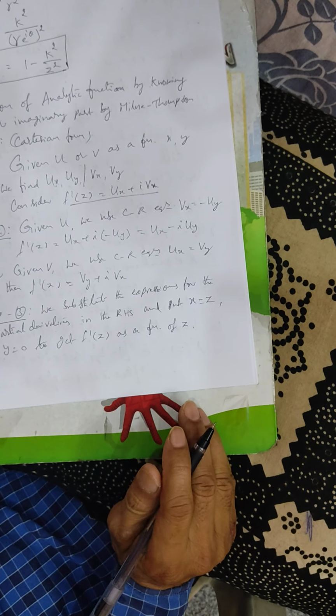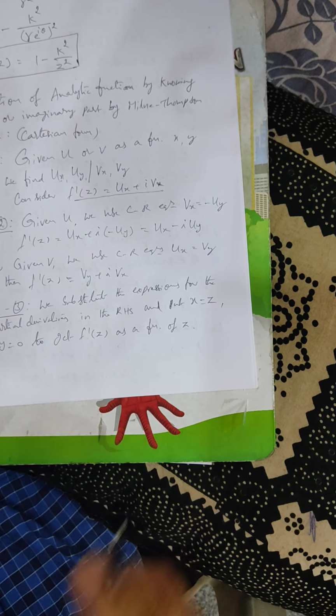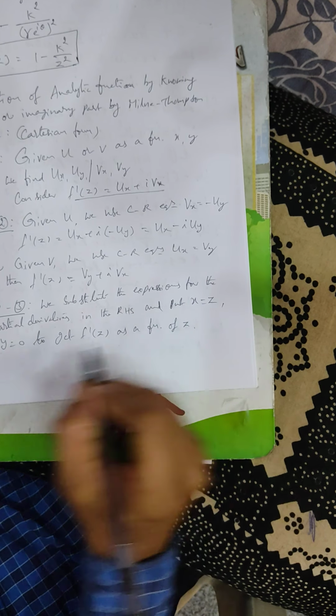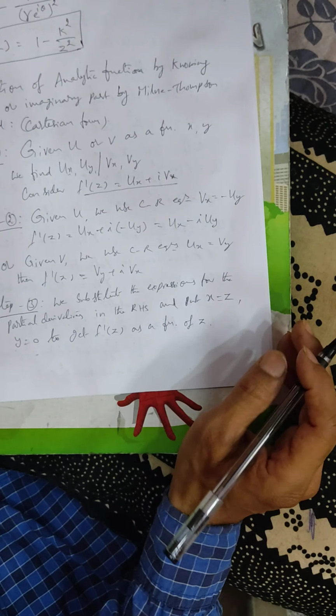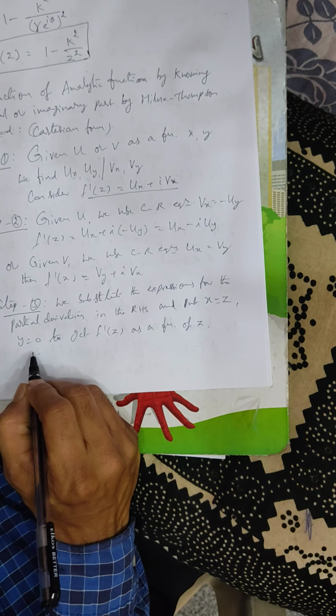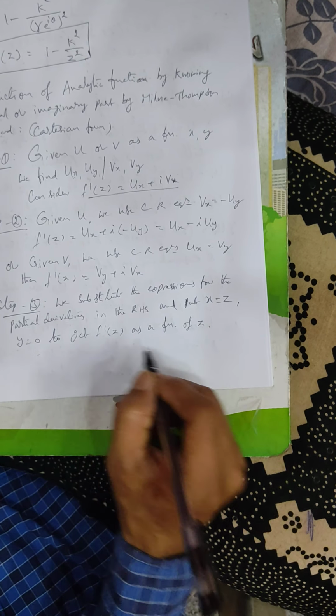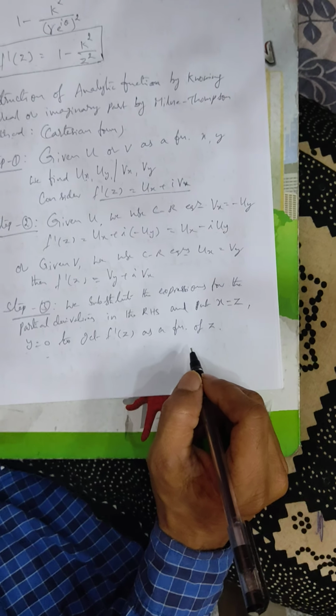So the way we substitute x is equal to z, y is equal to 0, that is by the Milne-Thomson method. Directly we'll substitute x is equal to z, y is equal to 0, so that we get f dash of z as a function of z.